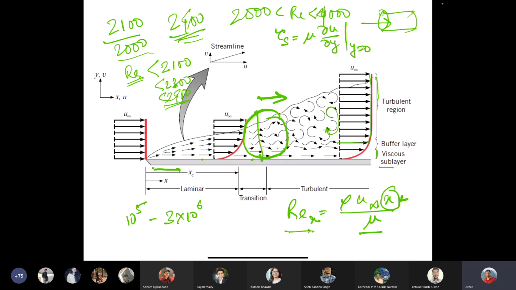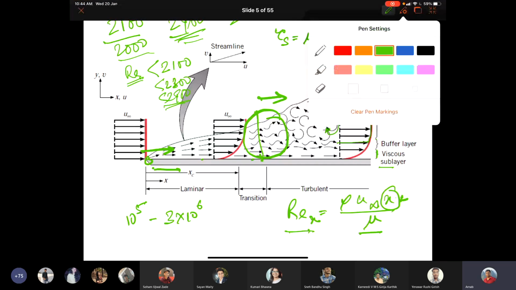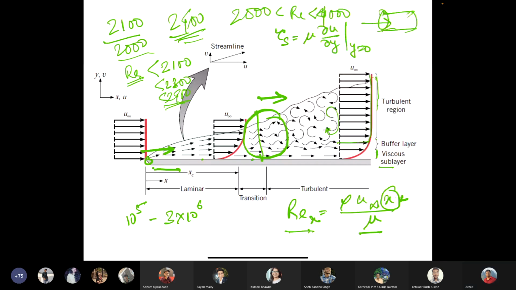The range is there. Now the point that Bhavna was mentioning is that depending on several conditions or considerations, you can have a very controlled environment. Consider a scenario where the flow is happening inside a pipe and you are doing some laboratory experiment.